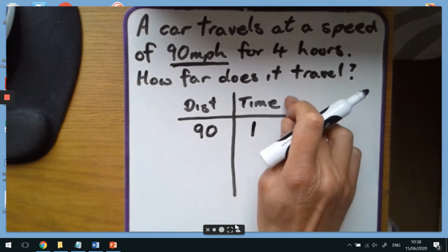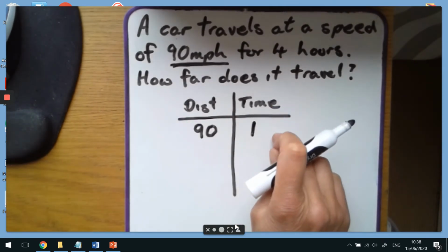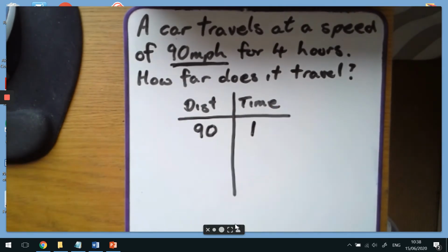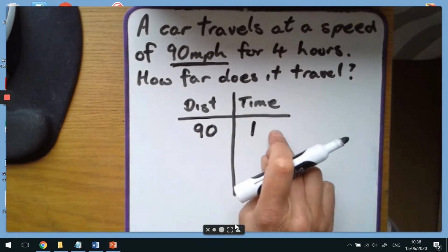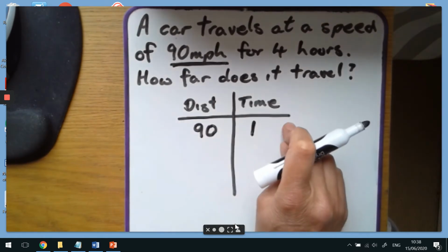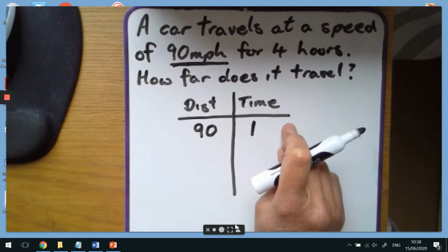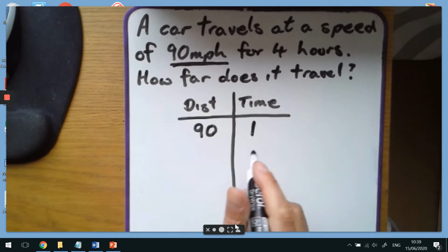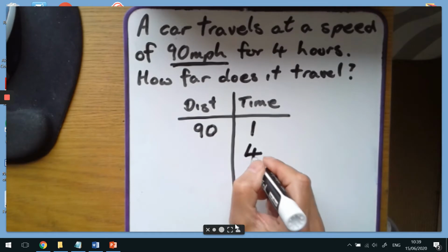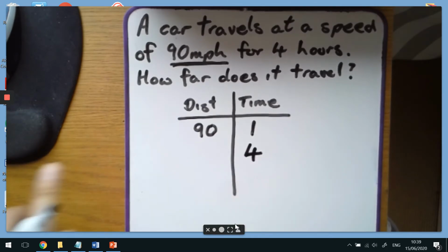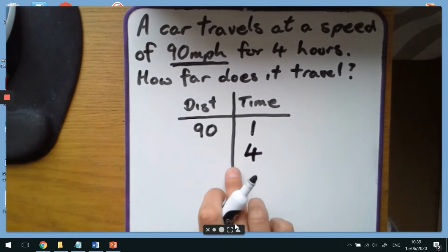And I'm going to do this in hours. We could do this in minutes if you wanted to, and it would still work. So 90 miles takes 1 hour. I am going to go at that speed for 4 hours, and I want to know how far we travel. Now that is the problem laid out.